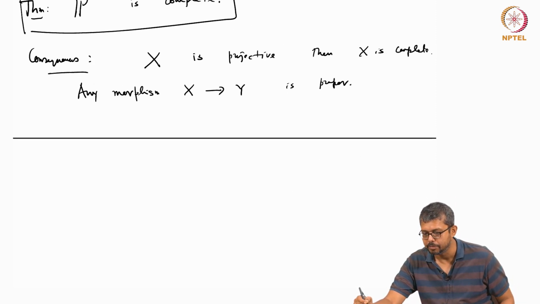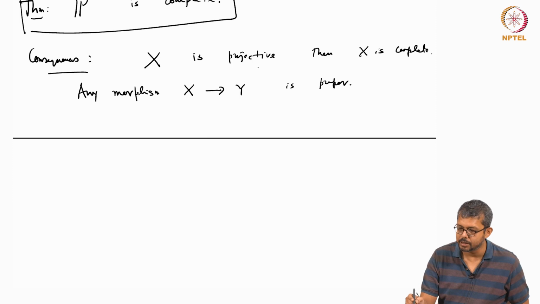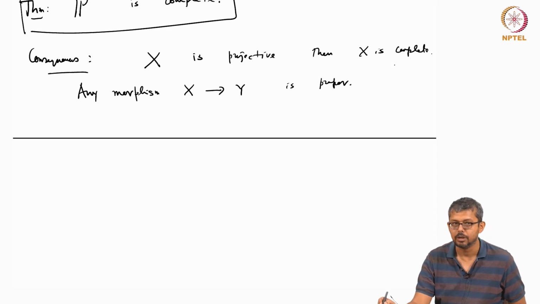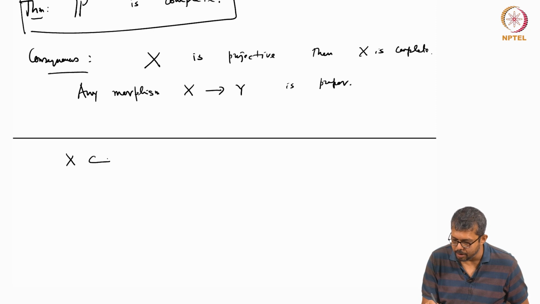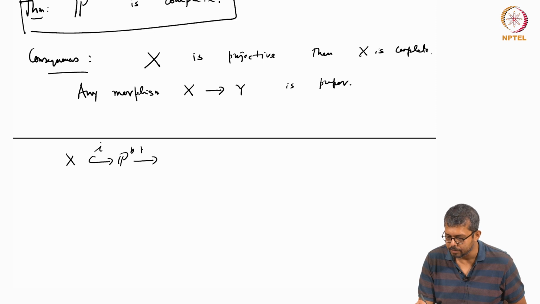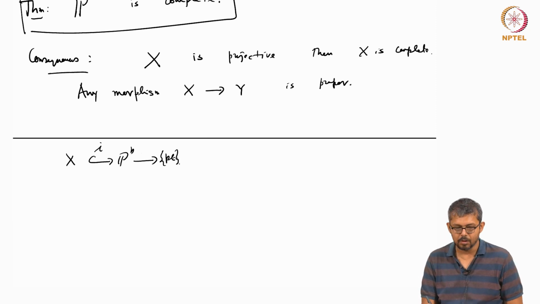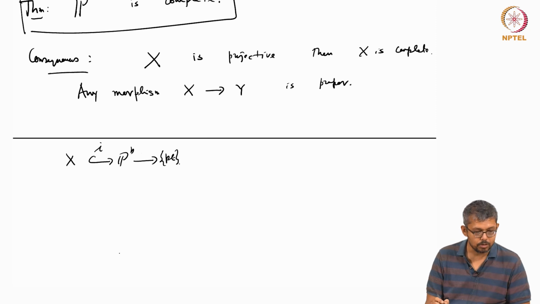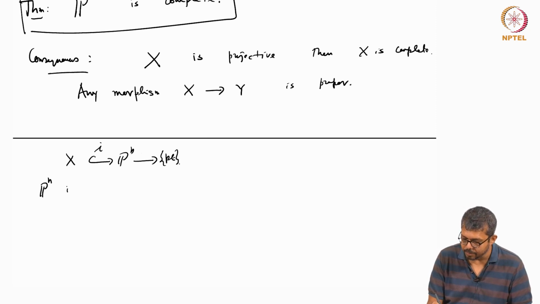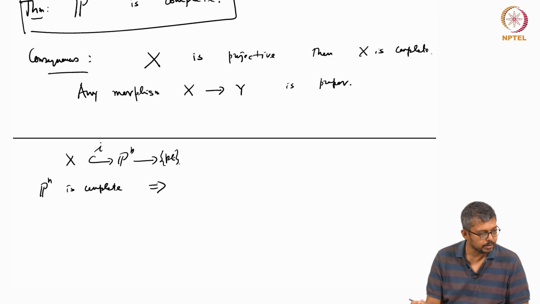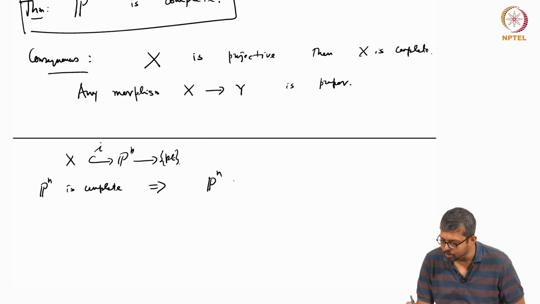X is just projective. So why does X projective imply X complete? Because you can embed X into Pn, this is the inclusion, and Pn to a point. Pn is complete. This implies Pn to a point, this map is proper.